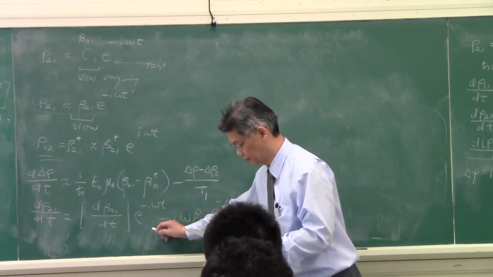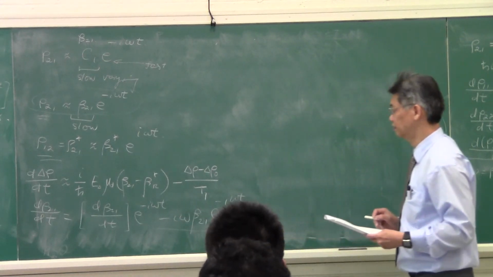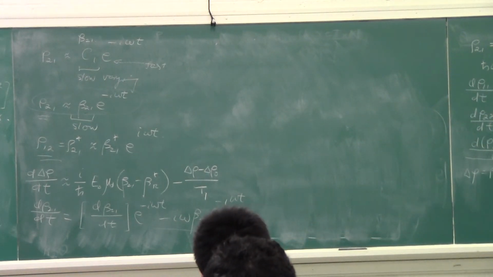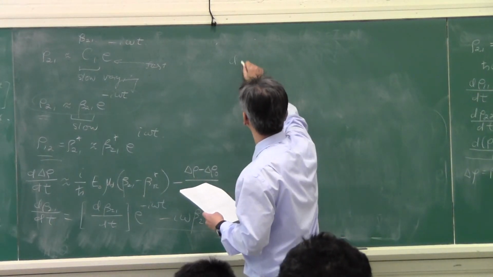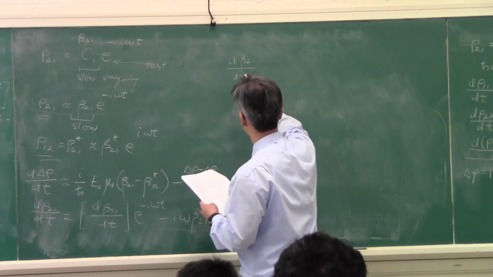If I make use of this fact and substitute back here to this equation, then I get a new equation of motion for beta 2,1 alone.